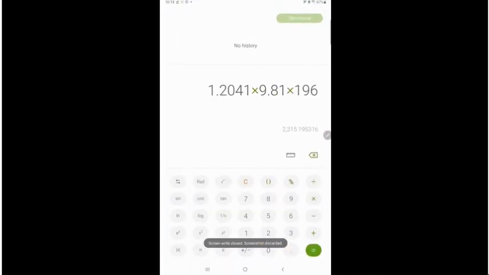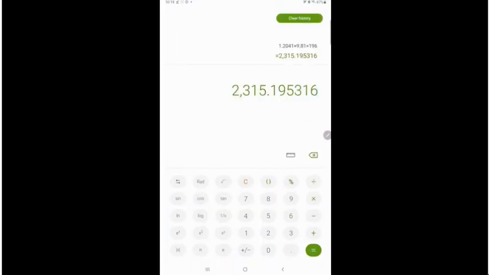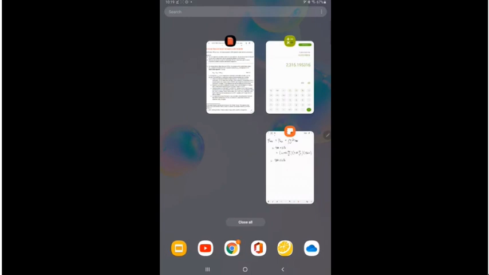So let's go ahead and do the arithmetic here, and we get 2,315.19 and so on. Let's have a look here. Our smallest number of significant figures is 3. So really, we are only justified in keeping the 2,315 here. That's going to be enough in terms of significant figures. So 2315.